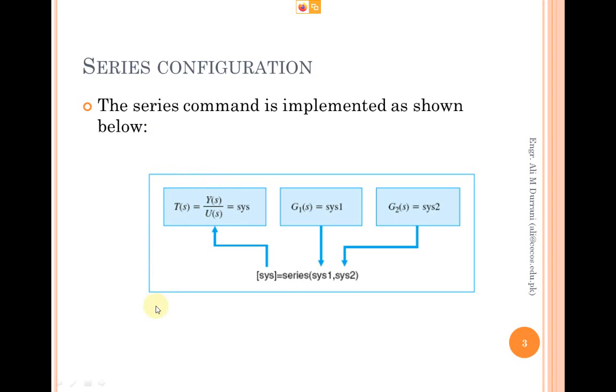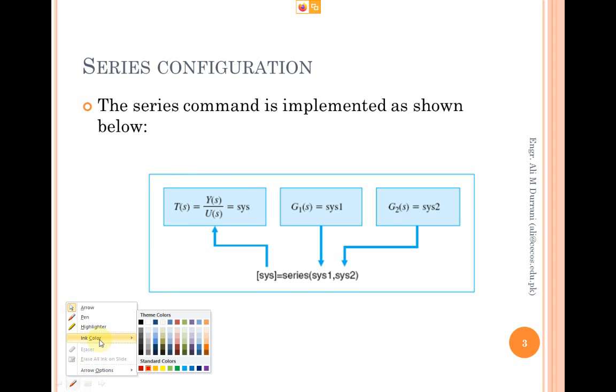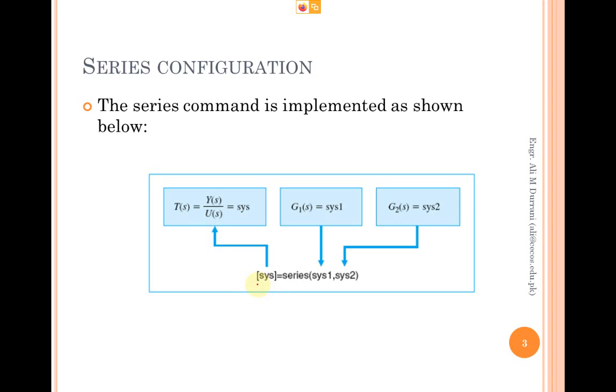The command for multiple transfer functions in series is described here: sys, which is your output, and we will get this output by a command called series, and in round brackets we write system1 and system2.